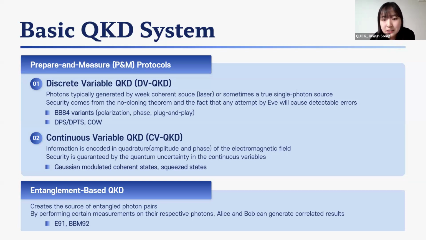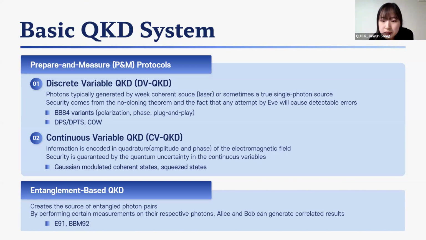Some key approaches include Gaussian modulated coherent states and squeezed states. And other than prepare-and-measure protocols, we have entanglement-based QKD as well. This type of QKD uses entangled photon pairs as the basis for secure key generation.